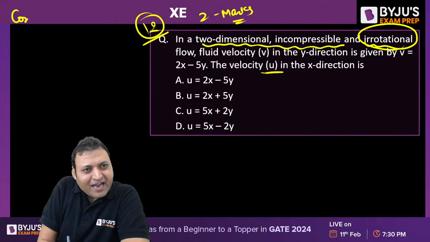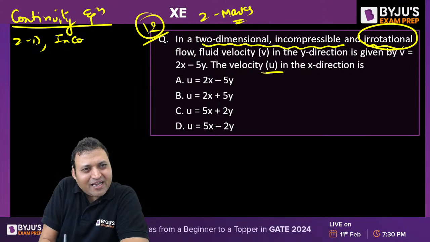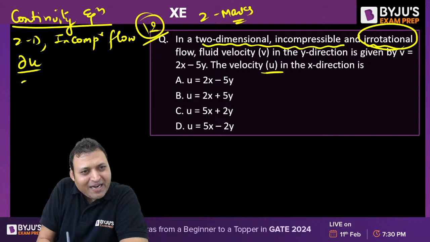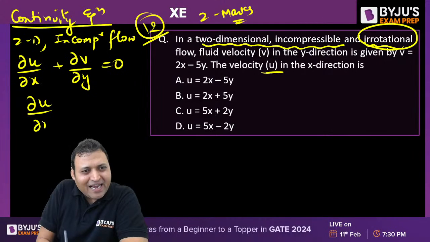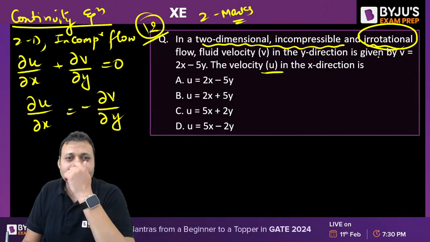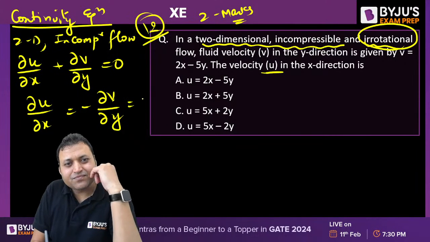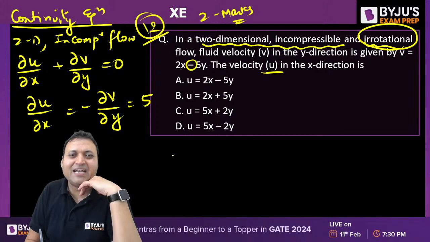So if we write the continuity equation for two-dimensional incompressible flow, then we can say del u by del x plus del v by del y must be equal to 0. So del u by del x is equal to minus of del v by del y, isn't it? And what is minus of del v by del y? That is 5. It will be 5 because there is a negative sign already there.